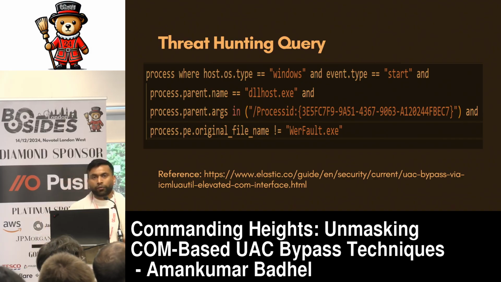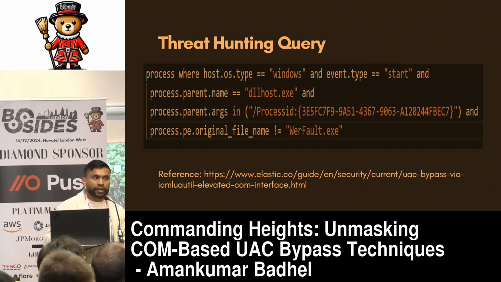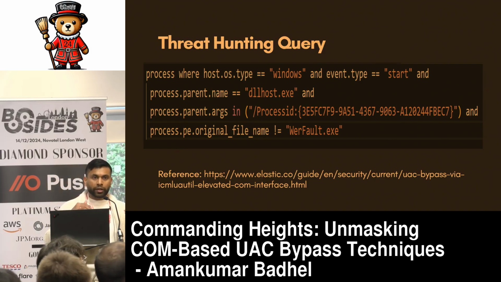As we have covered the working of COM-based UAC bypass, I want to take this opportunity to discuss the detection aspects too. Since we know the exploit uses a COM object, and dllhost.exe acts as a COM surrogate process which also orchestrates the creation of the COM object with an elevated context, any payload executed by the exploit via the ShellExecute method is spawned as a child process of this dllhost.exe.